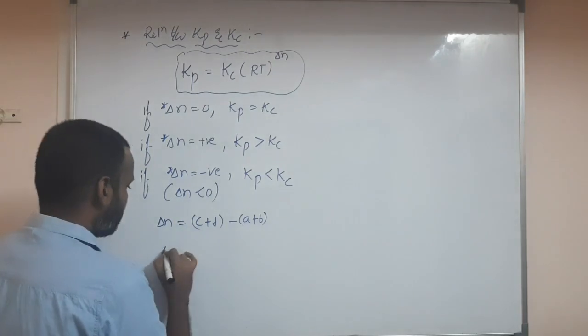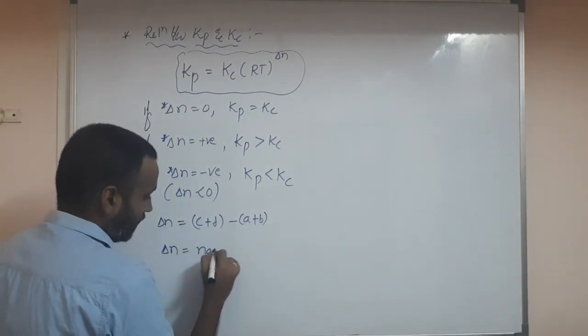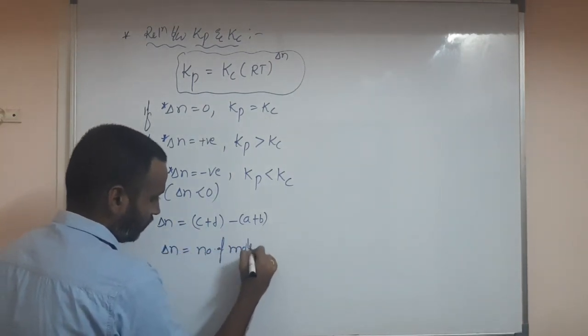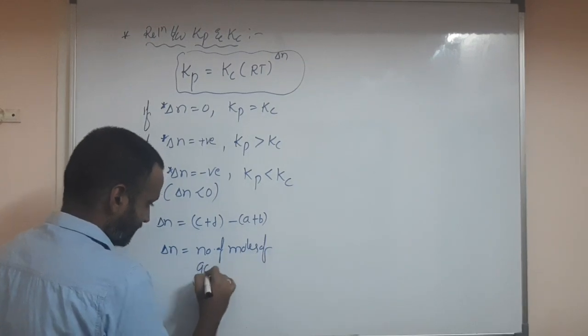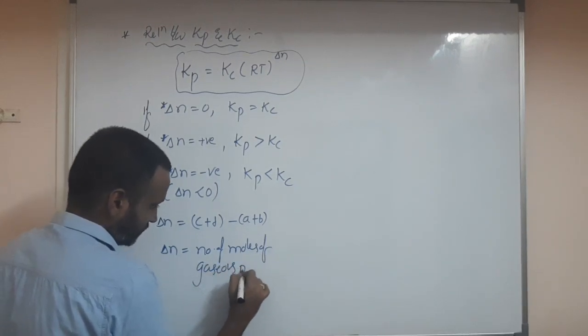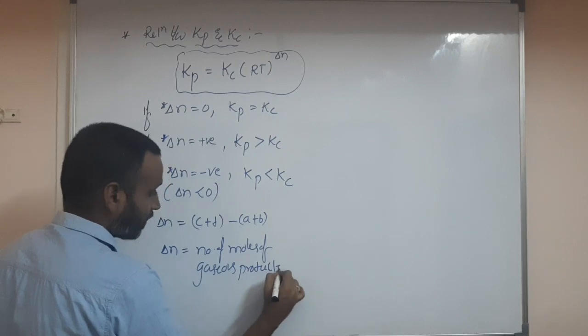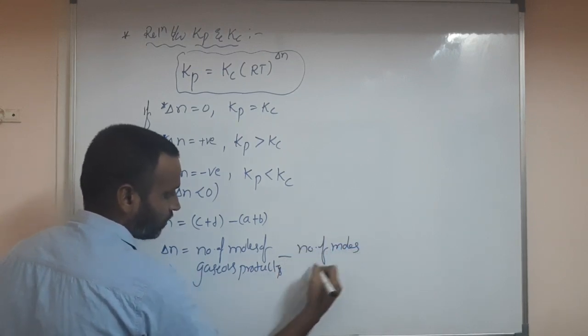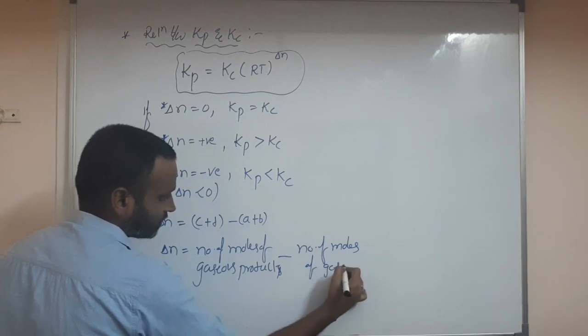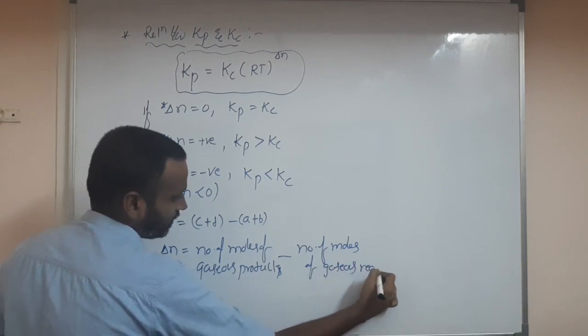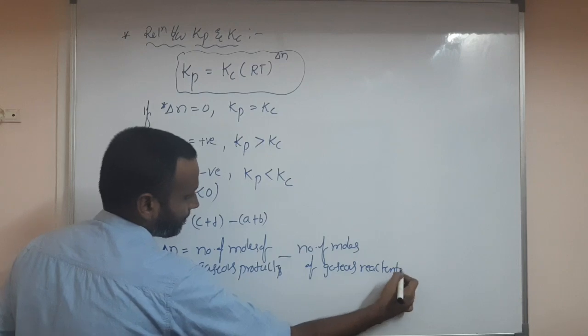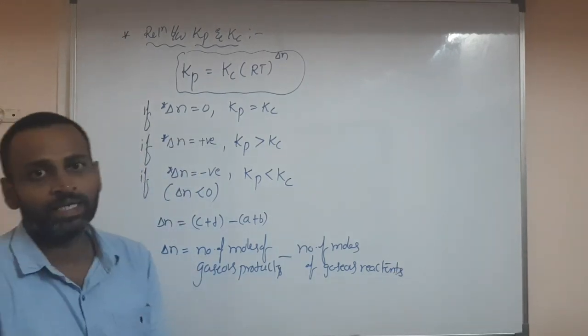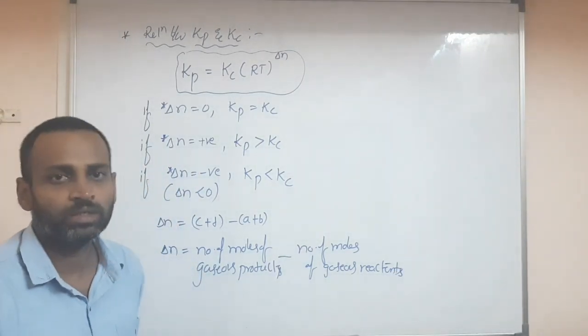Don't remember it like this actually; simply, delta n means number of moles of gaseous products minus number of moles of gaseous reactants.